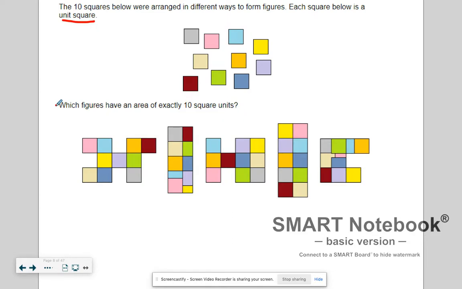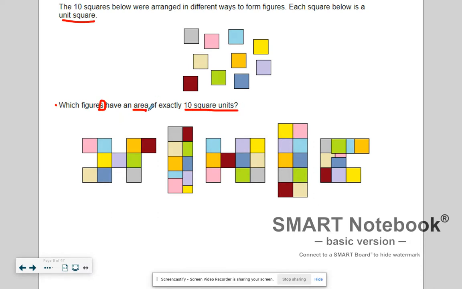So here's your question. Which figures, remember what did we say about this S right here? Figures, I hope you remember that means there are probably more than one answer. Which figures, that means there's multiple, have an area of exactly 10 square units.